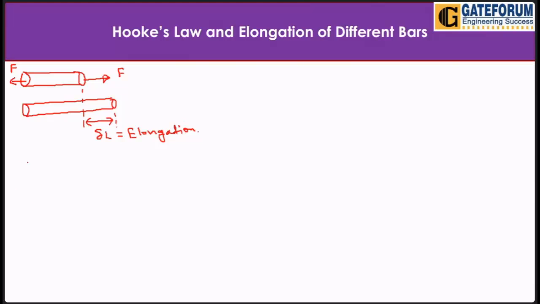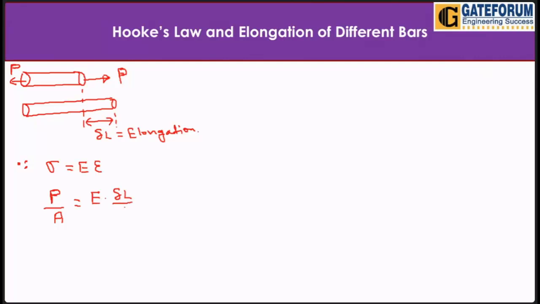Now, since we know from Hooke's law on the last page, stress is equal to Young's modulus into strain. What is stress? Force upon area, or P by A, force or load upon area. Here we have Young's modulus, and what is strain?